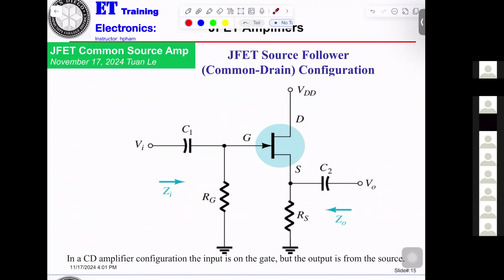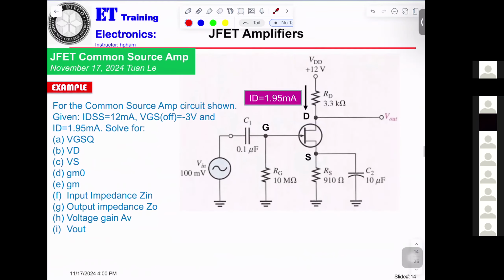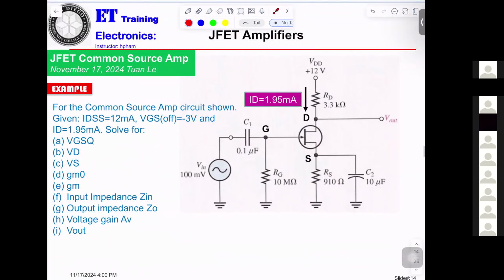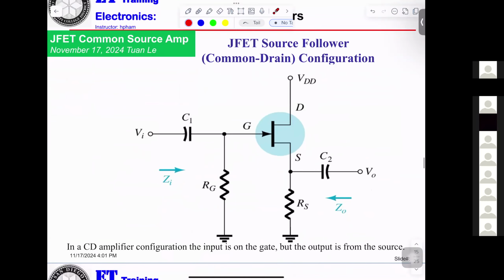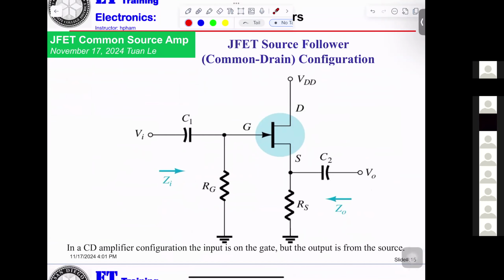Common drain amplifier. Input is applied to the gate. Output is from the source.